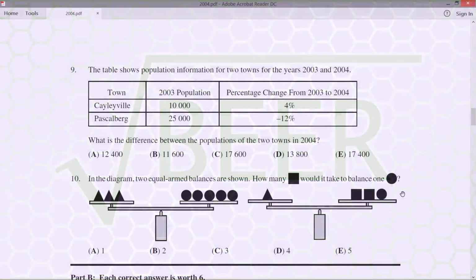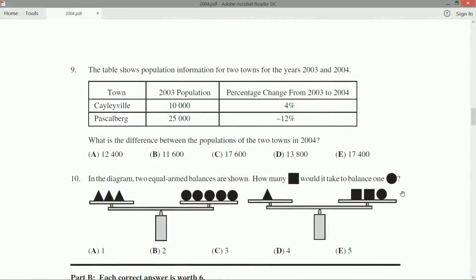We're looking at question number 9 now, which says the table shows population information for 2 towns for the years 2003 and 2004. They don't seem to give us the whole population, they just give us the change from 2003 to 2004. So we've got Cayleysville.